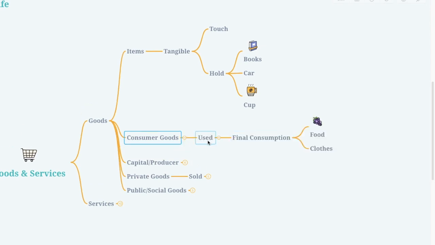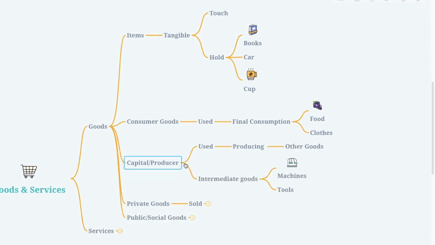Consumer goods are directly used for final consumption purposes. For example, food and clothes. Then what are capital or producer goods? Goods which are used not for direct consumption, but for producing other consumer goods. They are also called intermediate goods, such as machines, tools, and so on.